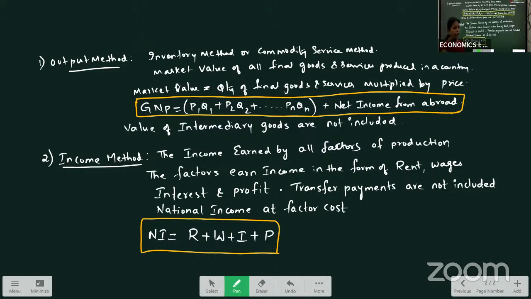How much quantity we have produced, we are not bothered. What is the income earned by all the factors of production are added together to get the national income. So all the factors will earn income in the form of rent, wages, interest, and profit. So when we add up all these things together, we get the national income. So these are two methods we have.